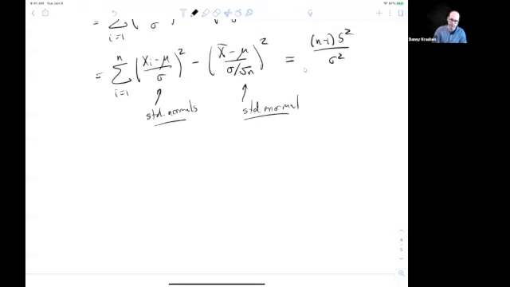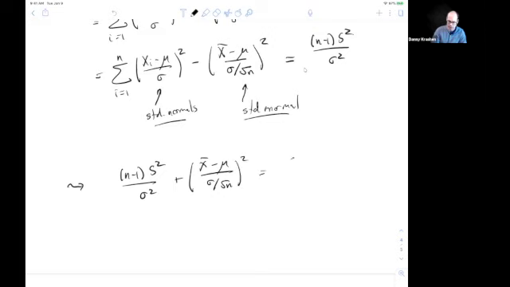But if I'm moving things over so that everything looks like sums, what this tells us is that n minus 1 s squared over sigma squared plus this x bar minus mu over sigma divided by root n squared is this sum i equals 1 to n of xi minus mu over sigma squared.